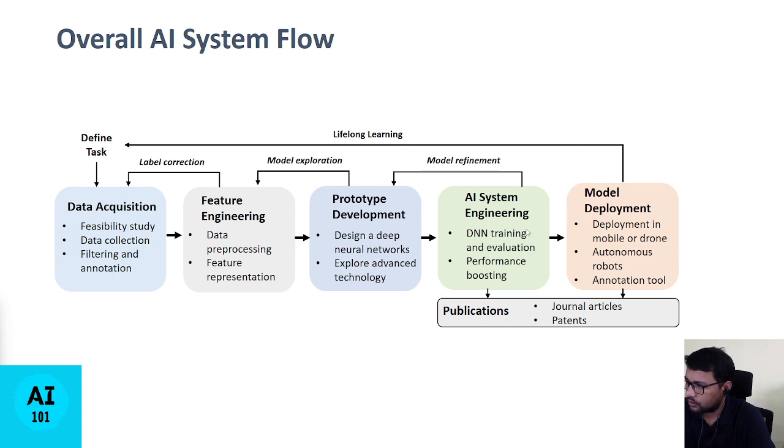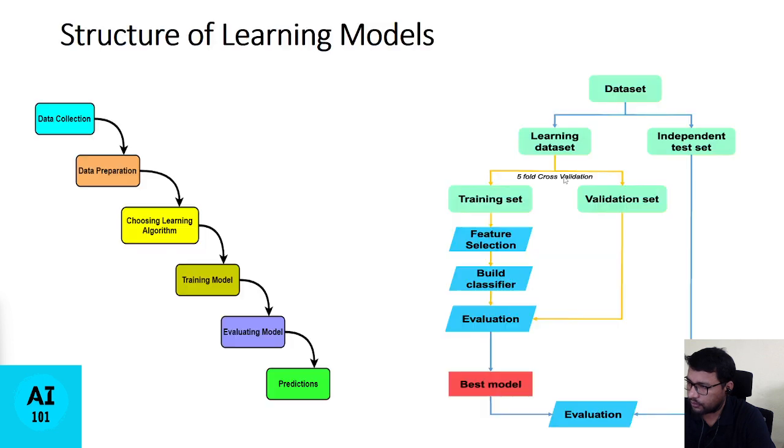So after some time we need to adjust the model to reflect the real world scenario, right? Otherwise, the AI system will drift from the real world scenario and its performance will drop. After these different activities, sometimes we need to publish our work through articles or some patents. This is the overall system flow.